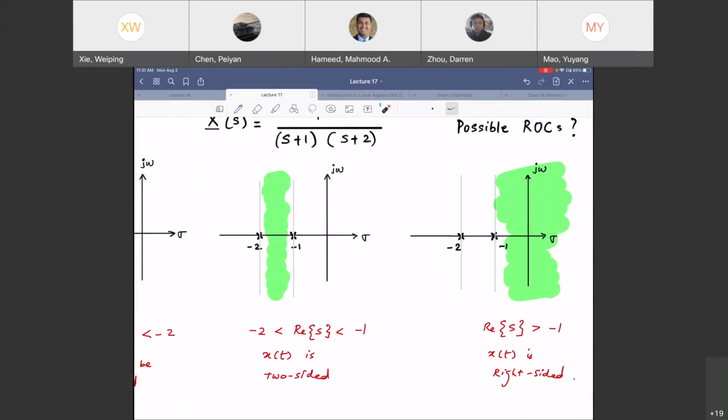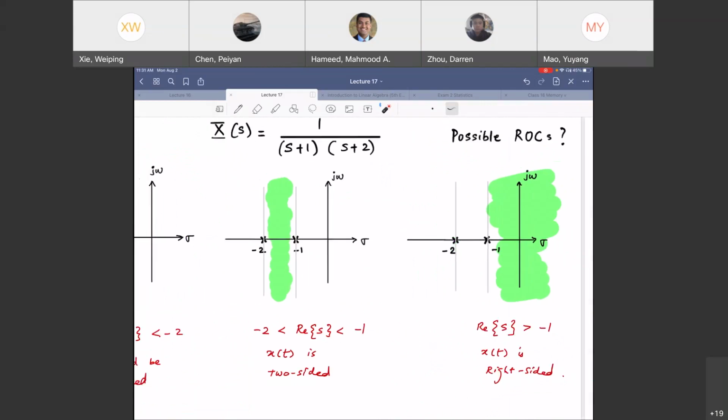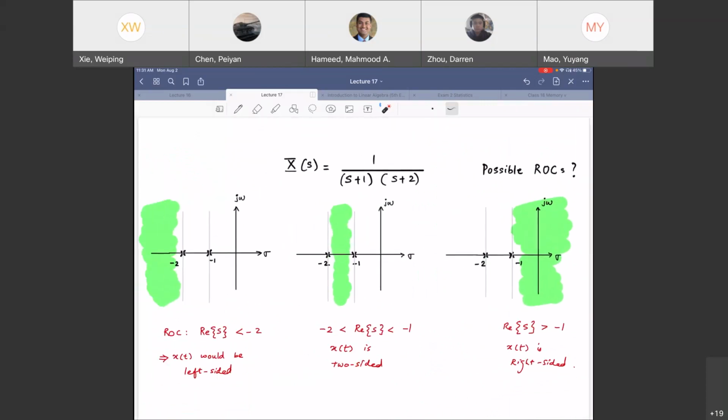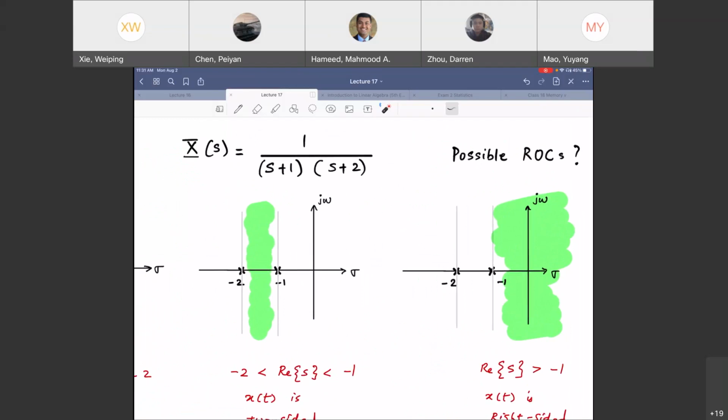Now, in order to get right-sided, what needs to happen for the individual signals? Corresponding to this particular pole, there would be an inverse Laplace transform with its own region of convergence. Based on the other pole, it would have its own Laplace transform and region of convergence. The intersection of those two regions of convergence has to be this.